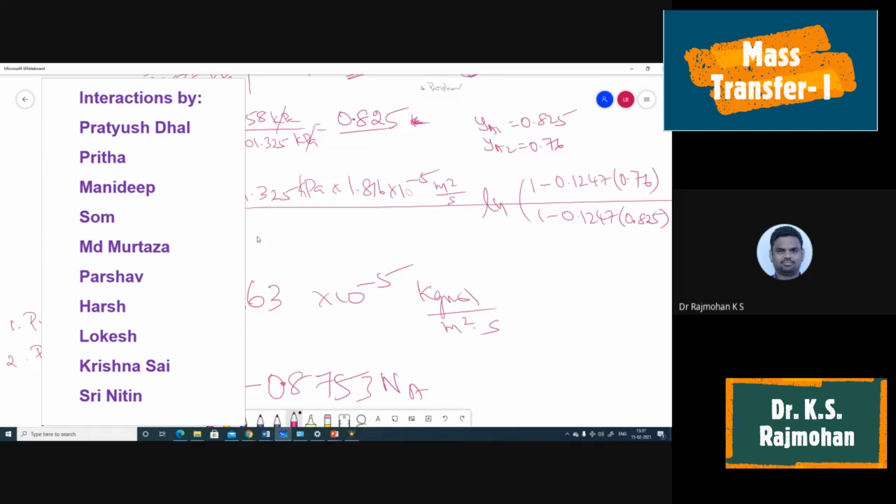In the denominator it is the RT value: 8.314 kilopascal meter cube per kilomole Kelvin into temperature 344.2 Kelvin into Z value 1 into 10 power minus 3 meters. Kilopascal, Kelvin, so meter power 4 here, meter square is there, so the denominator will be meter square. Second is here, kilomole is there. You will get kilomoles per meter square second.